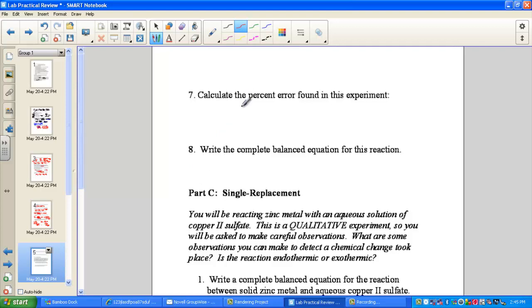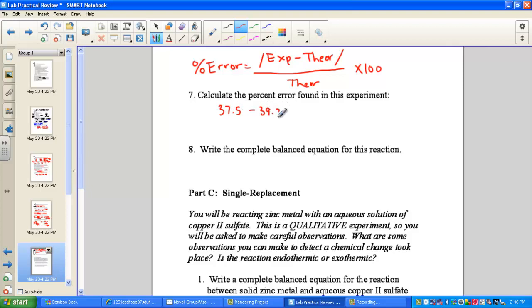As I go to my next page, it wants to know the percent error. You're expected to remember this formula, so study it. Percent error: experimental minus theoretical. Remember, subtract those either way, but make it a positive number. Error is always positive. Divide that out by the correct answer and multiply by 100 to find its percentage. So the 37.5% minus the 39.2.